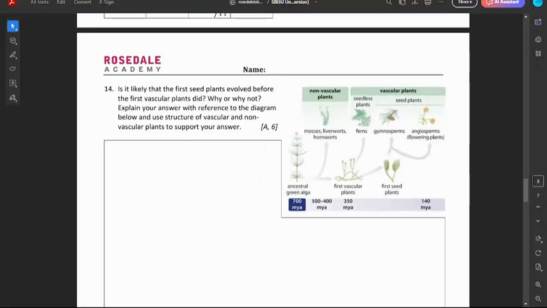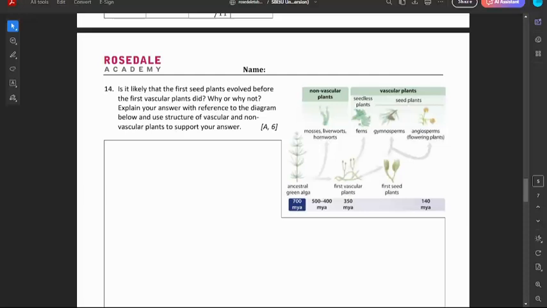So vascular plants have specialized structures, xylem and phloem, for transporting water and nutrients, which are basically essential for the development of seeds. Because you need to be able to store all of your nutrients and put them into a seed. So non-vascular plants like mosses and liverworts lack these structures.